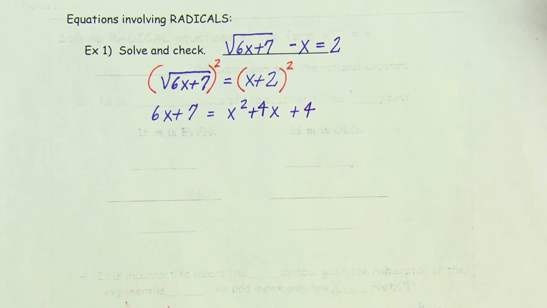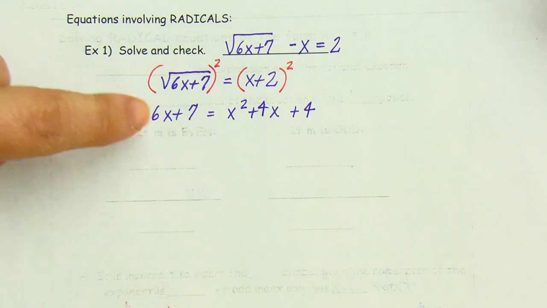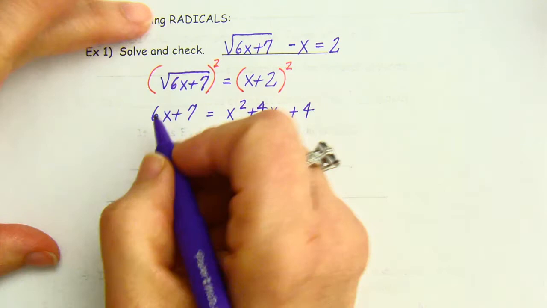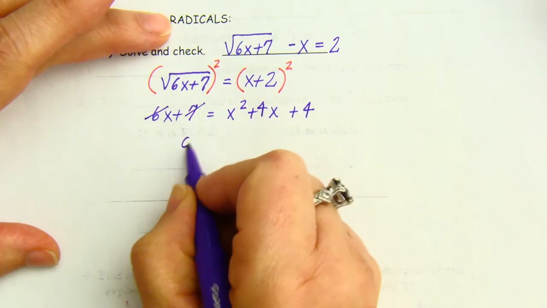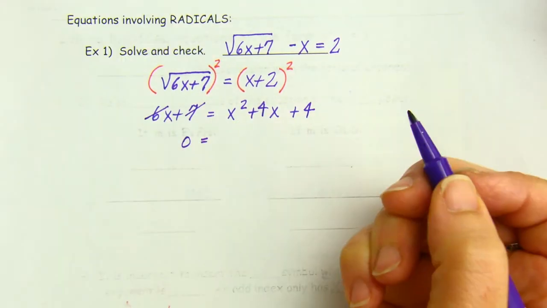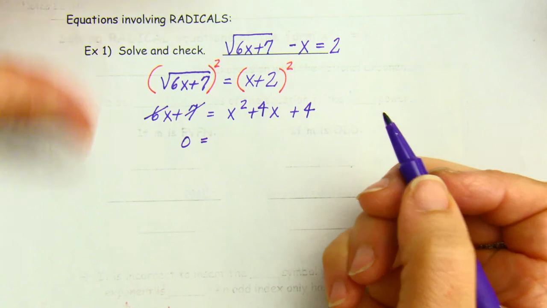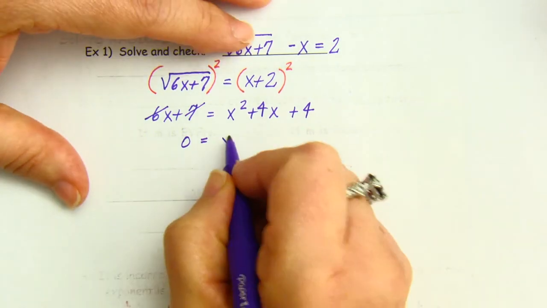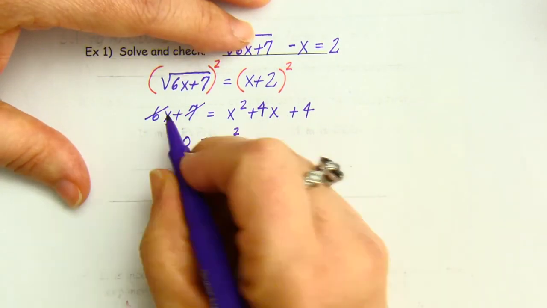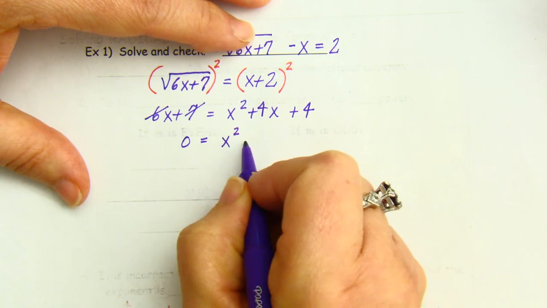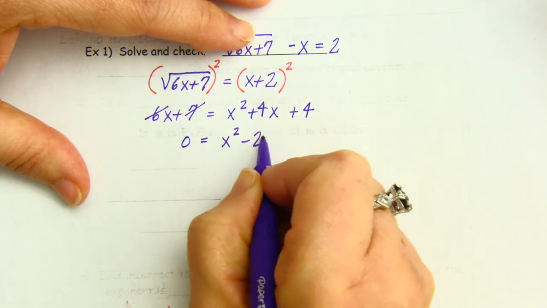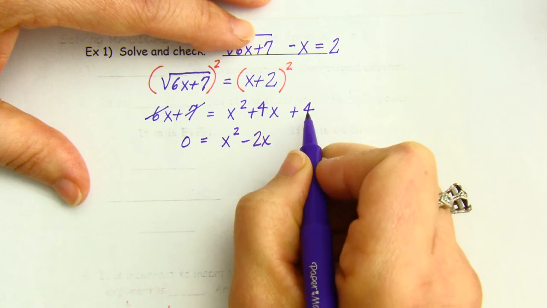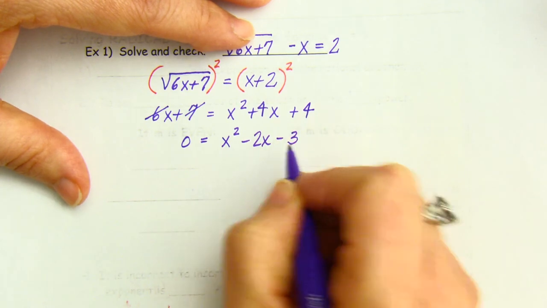Now I have to combine like terms and get everything on one side. So I'm going to move this and this over here, make that be a 0, because I need general form. I want to see if this will factor. So I get x squared. 4x subtract 6x is negative 2x. 4 subtract 7 is negative 3.